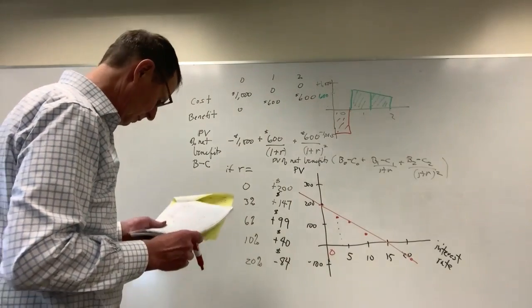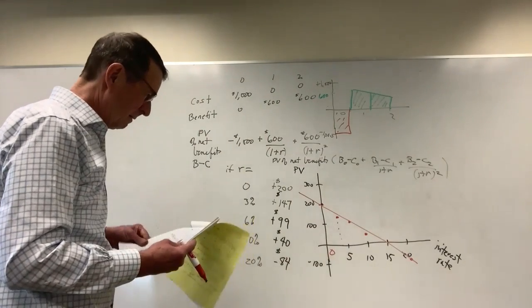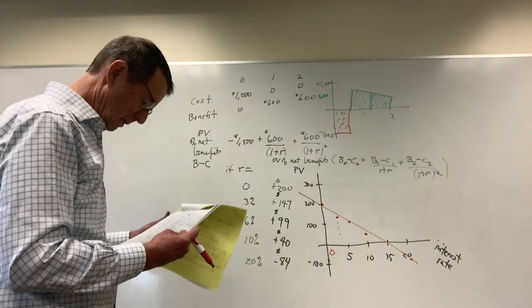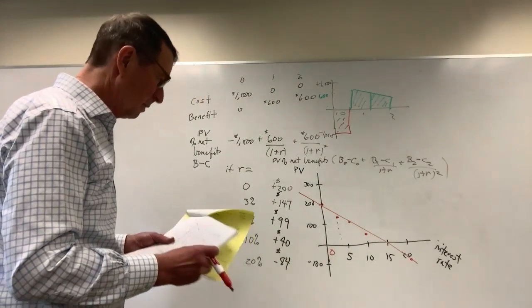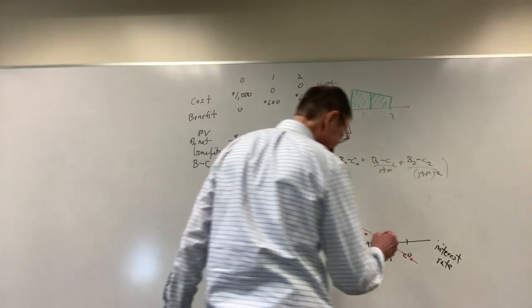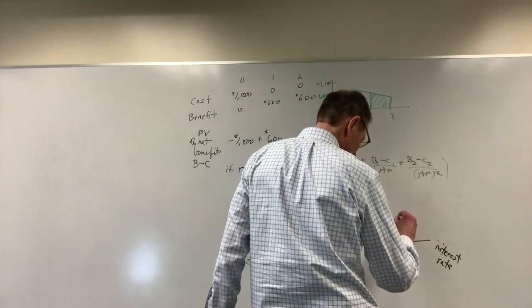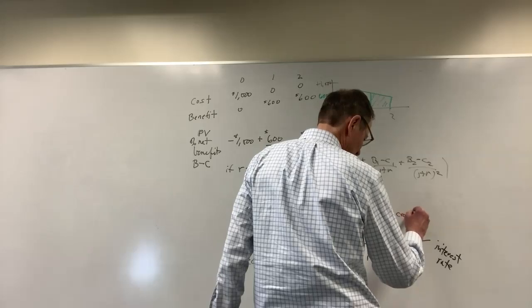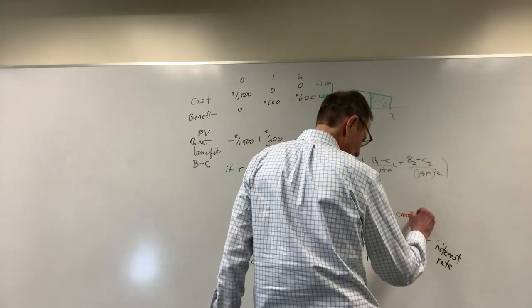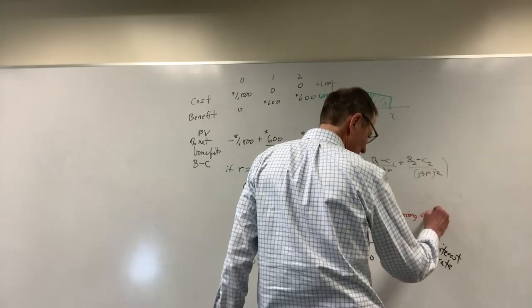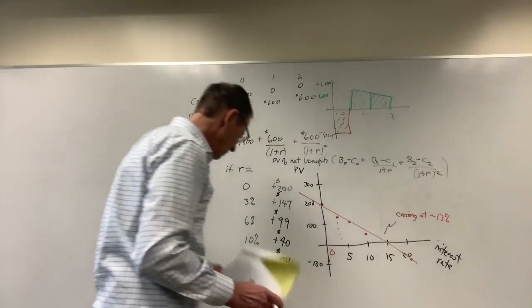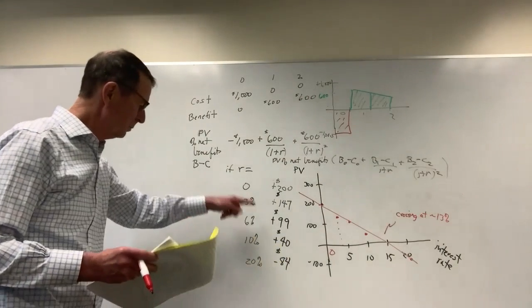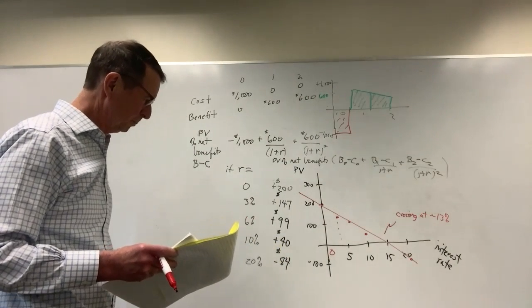And what it shows, this crossing point, if I were drawing this correctly, is about 13%. That's the point at which this present value drops to 0.